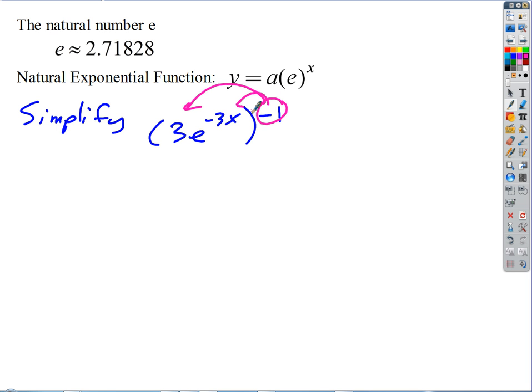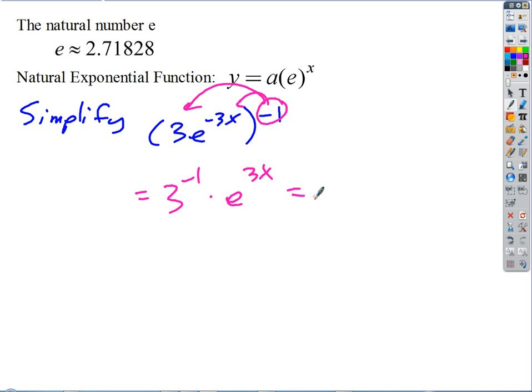So it goes to both parts, right? So what I end up getting is 3 to the negative 1 times e to the negative 3x times negative 1. What's that? 3x, yeah. A negative times a negative is positive. And so if I simplify that, what is 3 to the negative 1? What's it mean if I have a negative exponent?